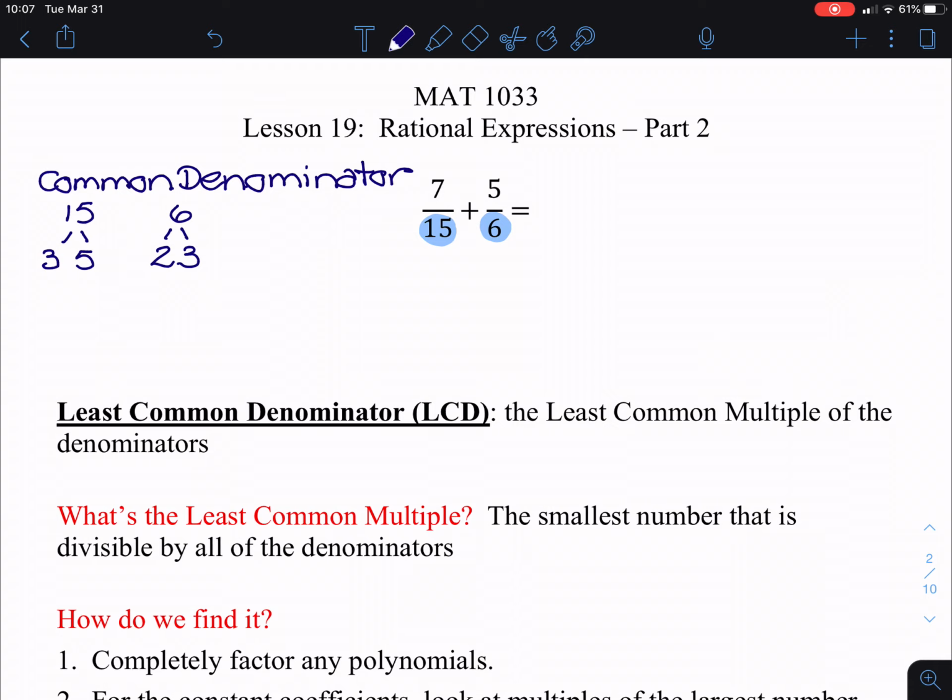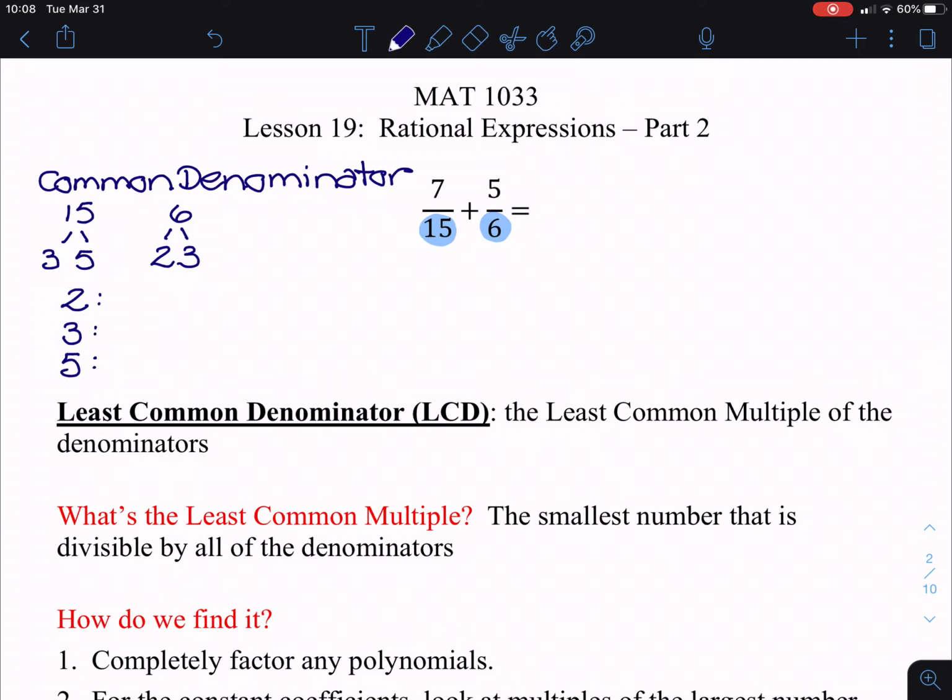Now, for each unique number in these factorizations, I'm going to take the highest power. I've got 3 factors here: 2, 3, and 5.